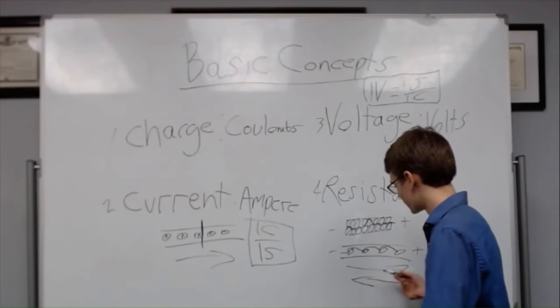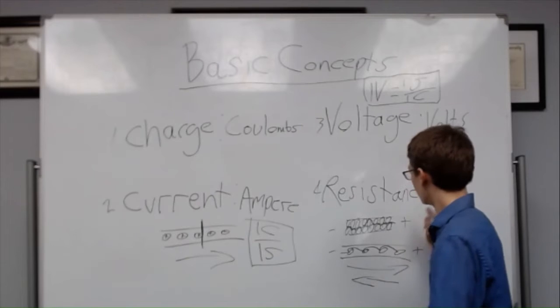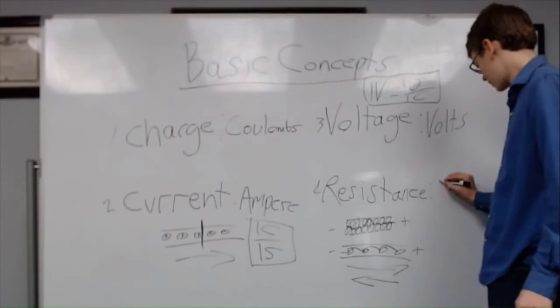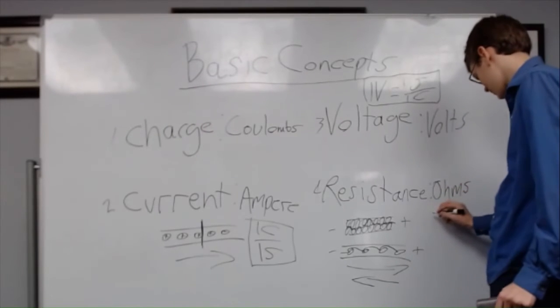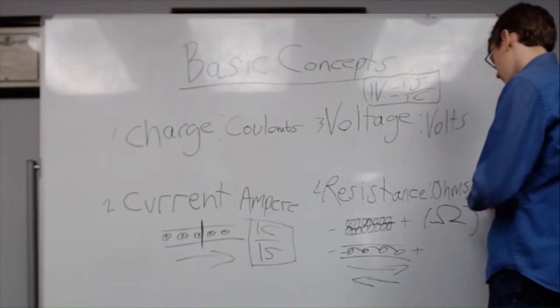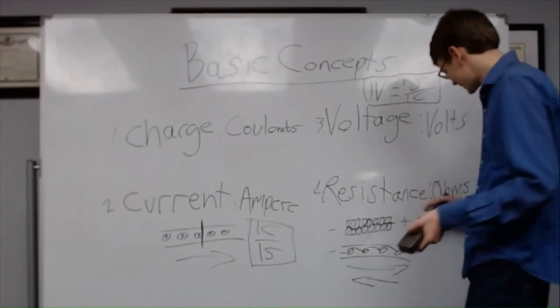So it's going to be trying to push it in the opposite direction. And resistance is noted with ohms, or its unit is the ohm, excuse me, and that is notated with the omega sign. Now I don't know why, but it's the omega sign.